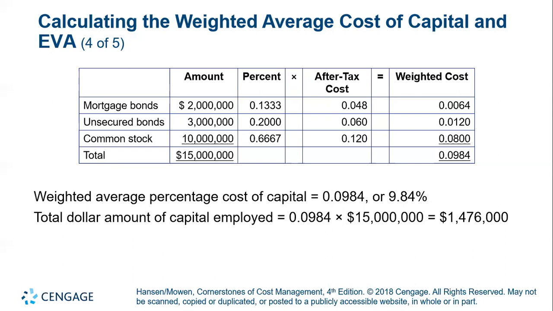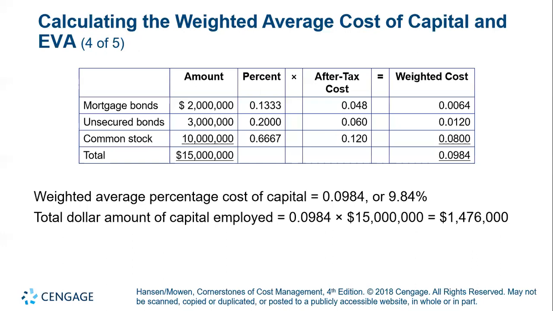And for the common stock, it's 10 over 15. So you now get the percent, and you multiply the percent by the after-tax cost that we have computed in the previous slide. So you have now the weighted cost, multiplying the percent by the after-tax cost.